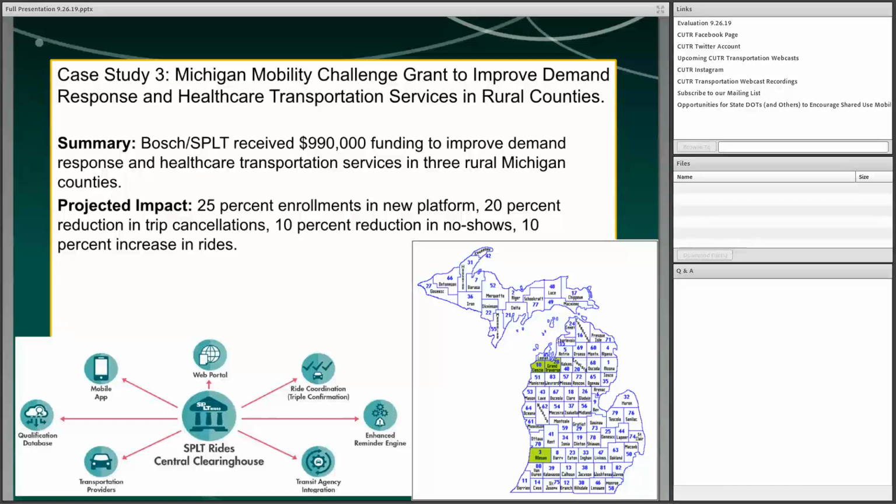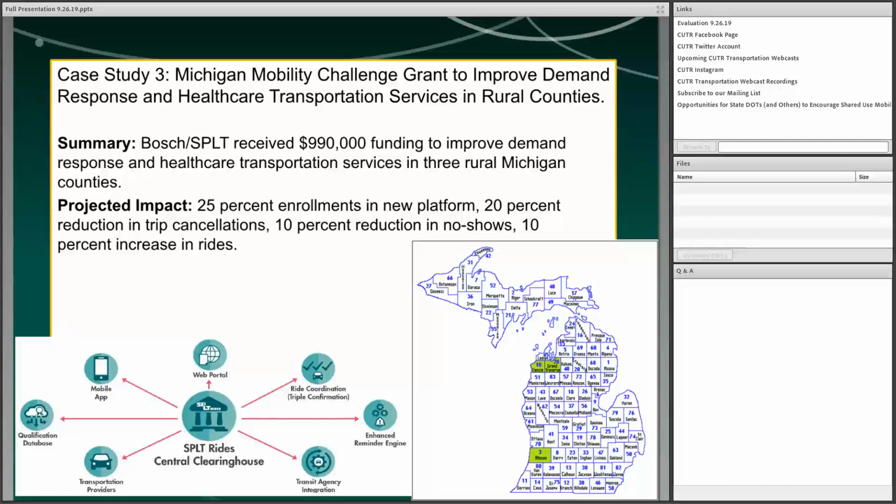Bosch acquired a grant of $990,000 from the $8 million Michigan Mobility Challenge grant program. The grant funding will improve paratransit and healthcare transportation services in 3 rural Michigan counties, namely Grand Traverse County, Benzie County, and Allegan County, highlighted here in the right lower corner.